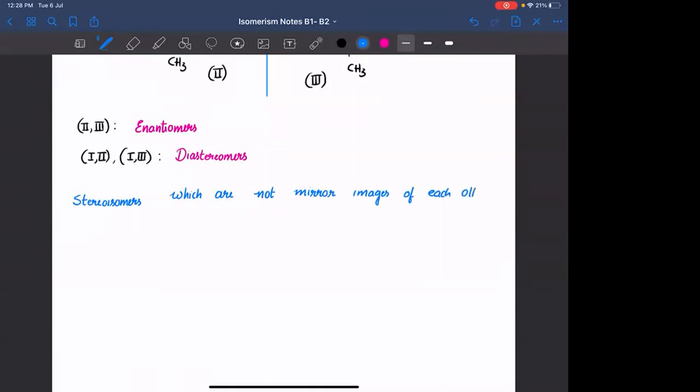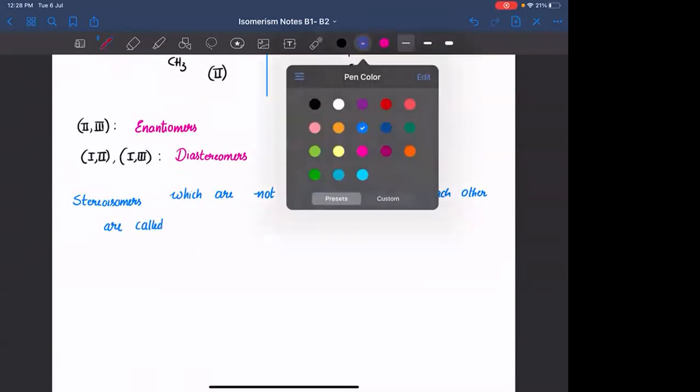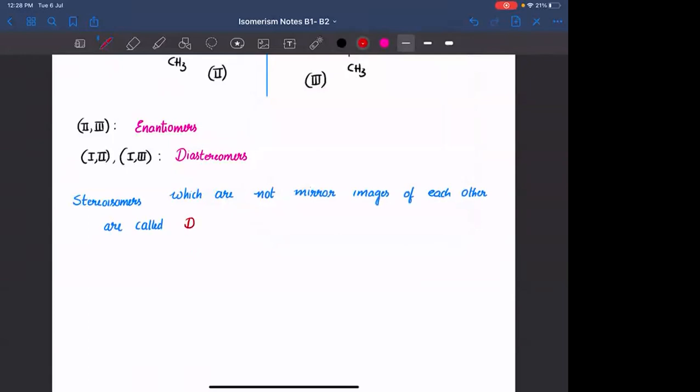If they are mirror images of each other, they are called as enantiomers. If they are not mirror images, yet they are stereoisomers, are called, again very important definition for your boards, diastereomers.